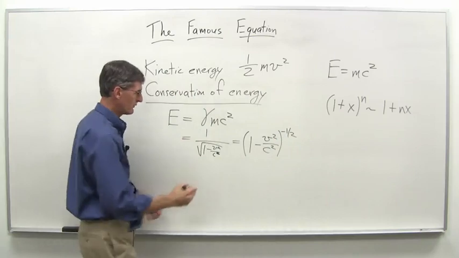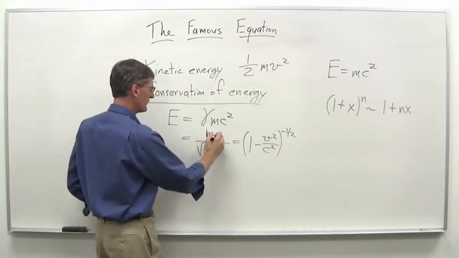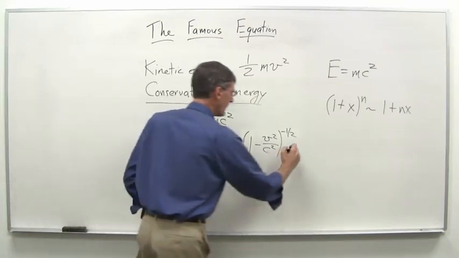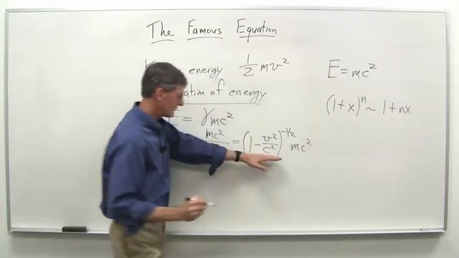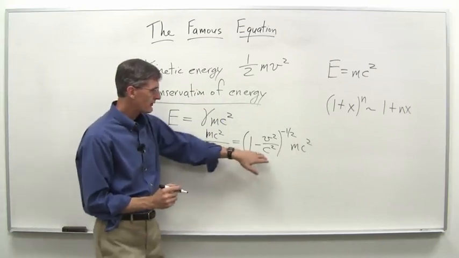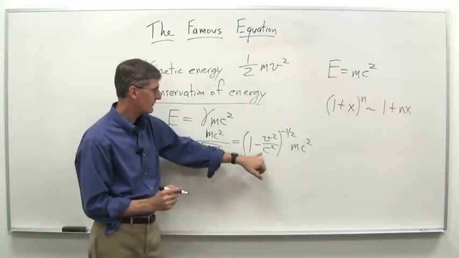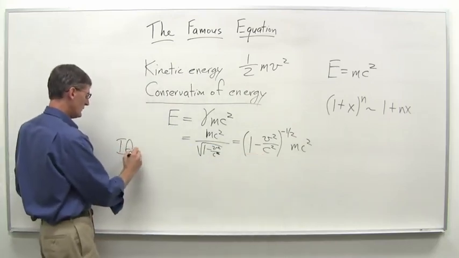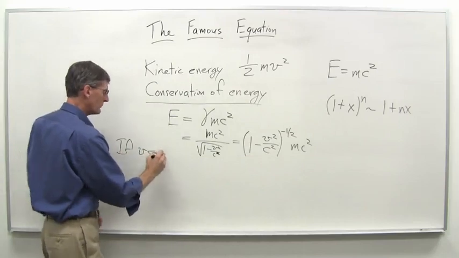So that's just gamma. Oops, I forgot the mc squared in here, so we'll put that on the top. Okay, mc squared over that. So that's this times mc squared. So again, this is just gamma right here, times mc squared. And note that this has the form of this because, especially if v is much less than c. So if our velocity is much less than the speed of light.